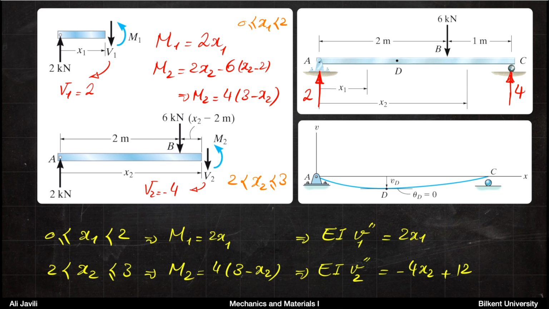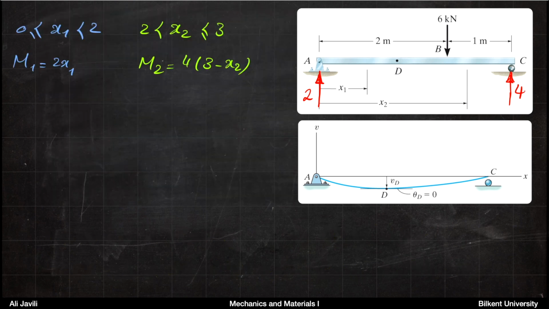So once you have this, all you need to do is to integrate them properly. So in order to do that, and in order to show the two parts of the problem, we write it like this. For the first half, your moment equation reads 2x1. For the second part, the moment equation reads M2 equals 4 times (3 minus x2), which means EI V double prime is that.